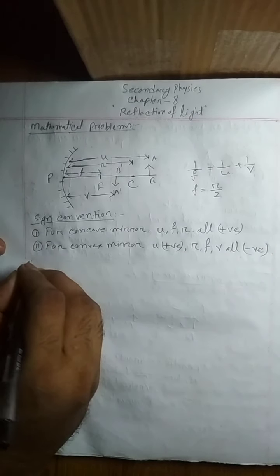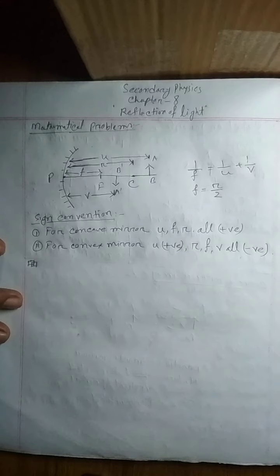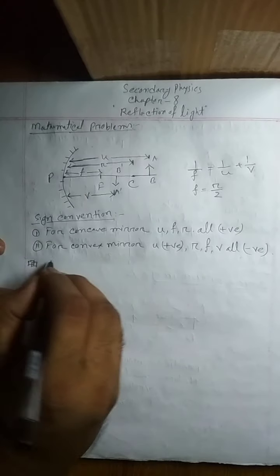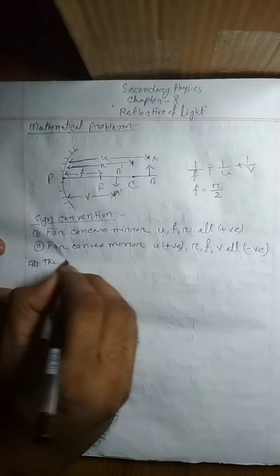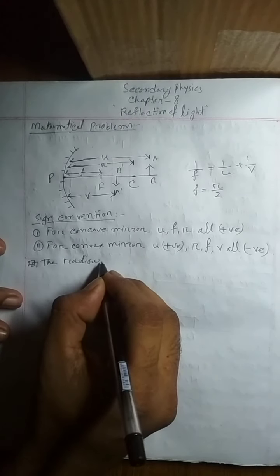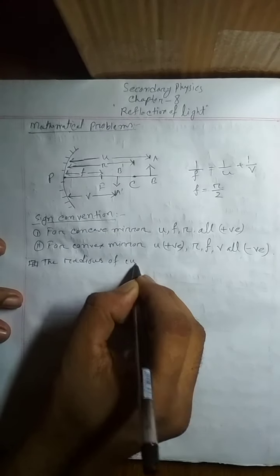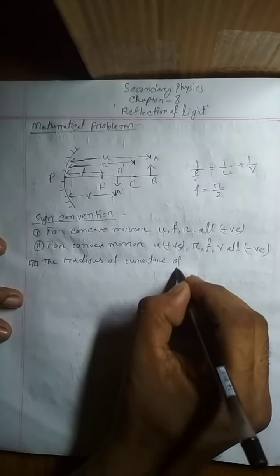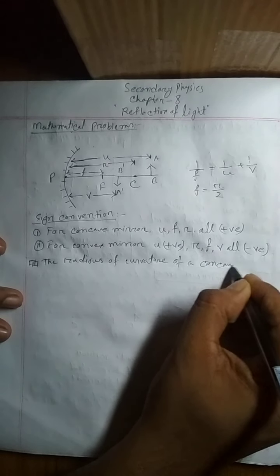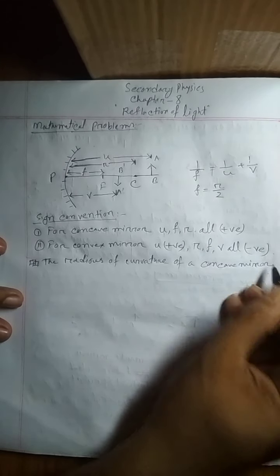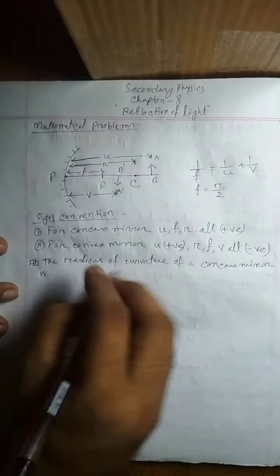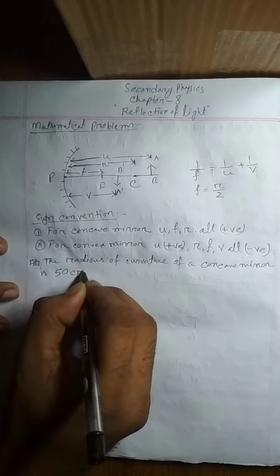First mathematical problem. The radius of curvature of a mirror is 50 centimeter.